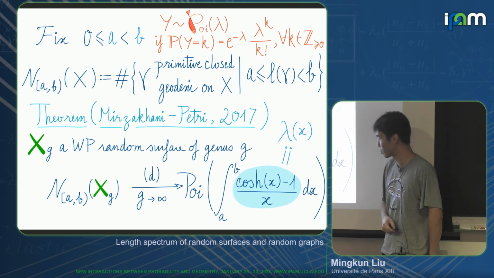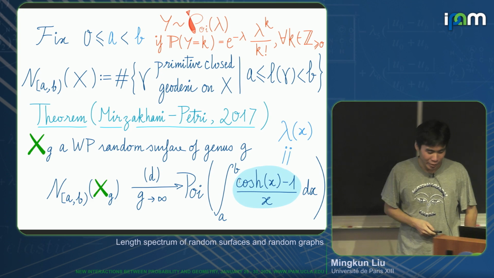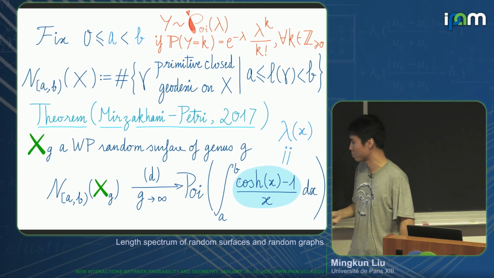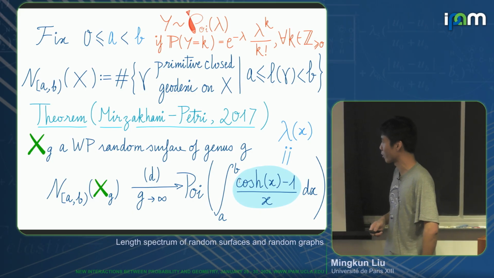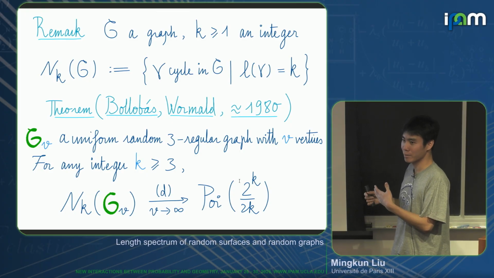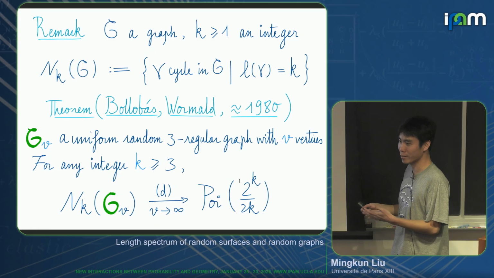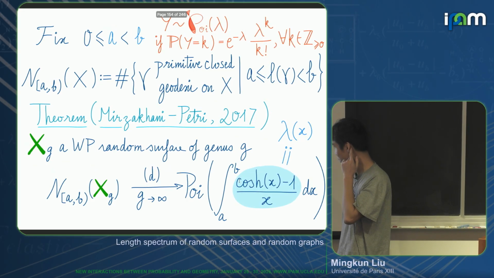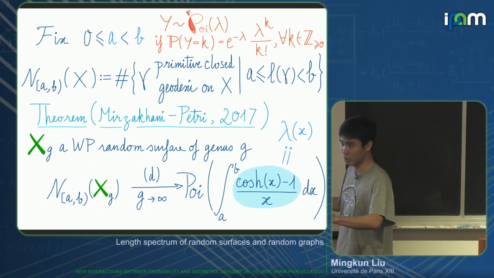So here you also get a 2. But on the other hand, you cannot push this analogy too far, because for example, the length of a cycle can never be a half or pi. It can only be an integer, because it has a combinatorial nature. But a geodesic length can be whatever, so it's completely continuous.